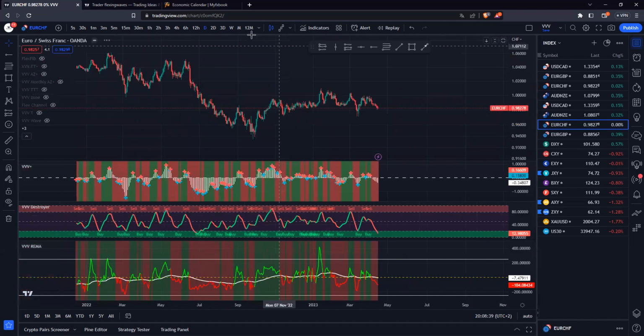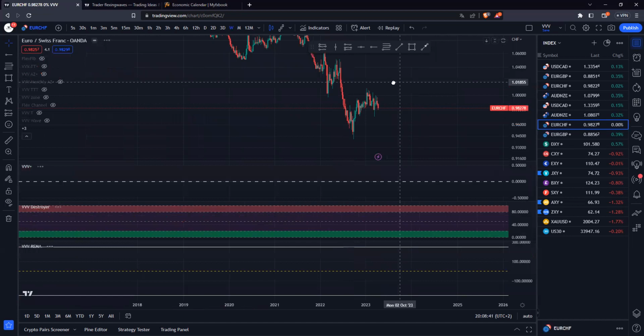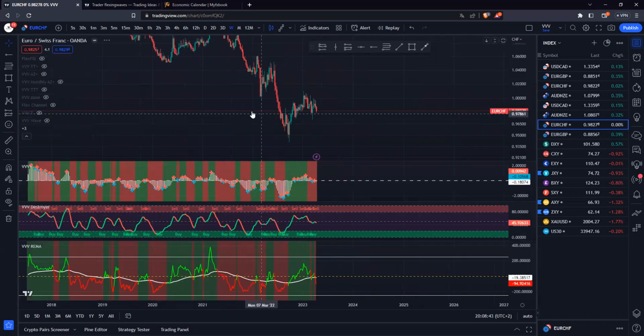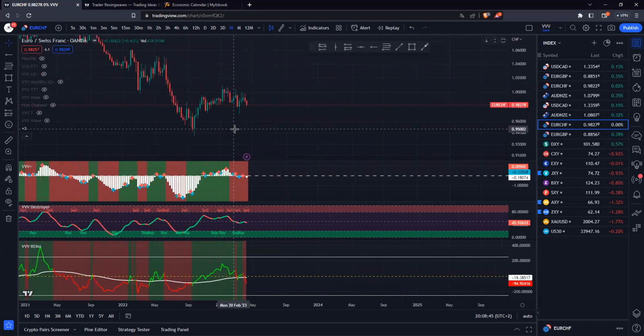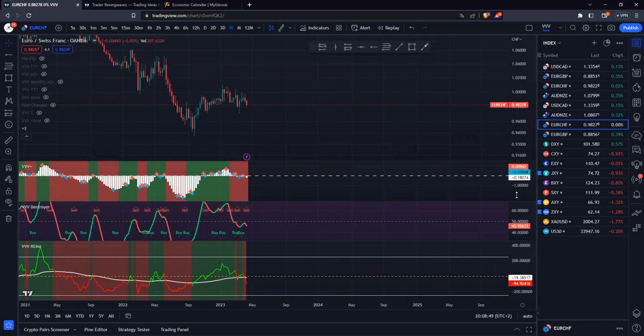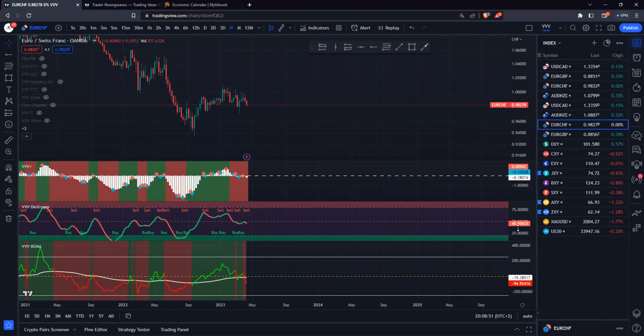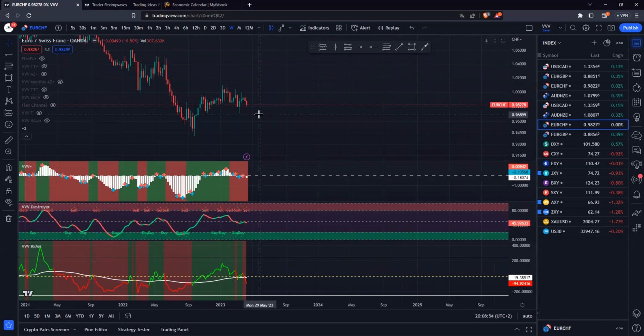All right, on a weekly basis, it looks like this. Actually, it's beautiful. I don't see divergence at first sight, but this looks also bearish to me. If I have to choose something, I would definitely say this is more going down than going up.